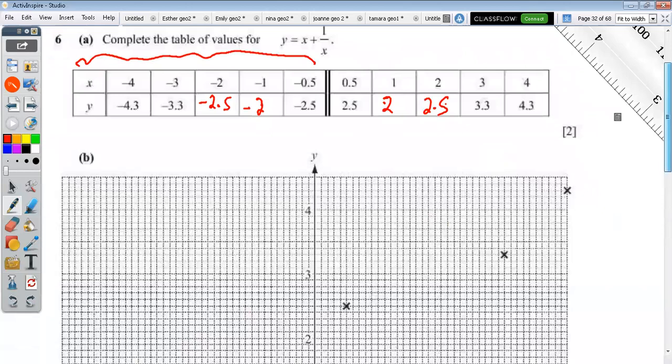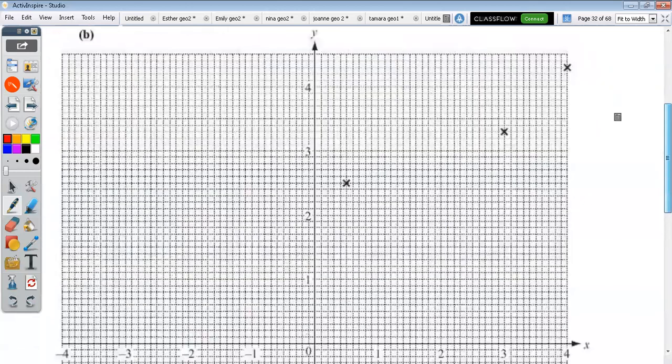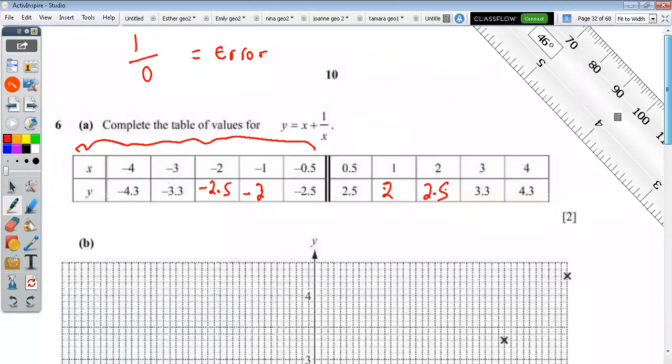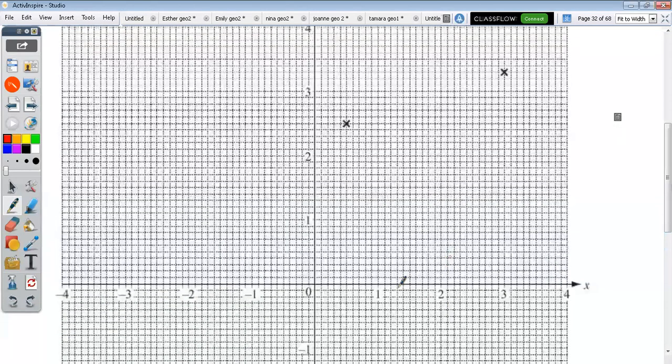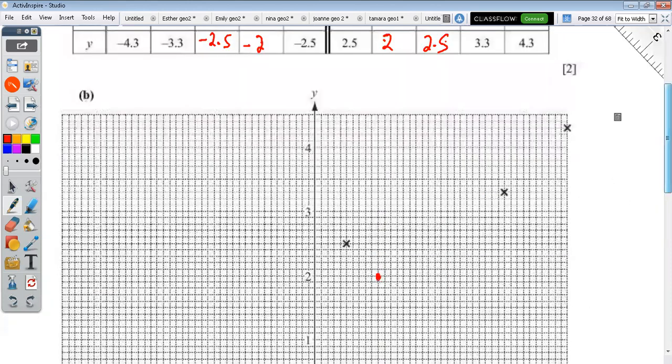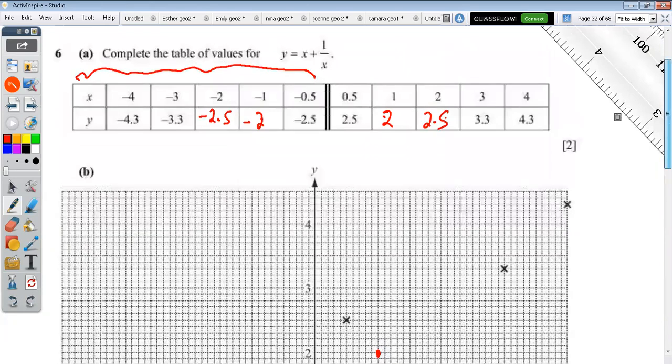5, 3.5 has been done for us. 1, 2 has been done for us. Then the 2, I think the numbers 2, 2.5.